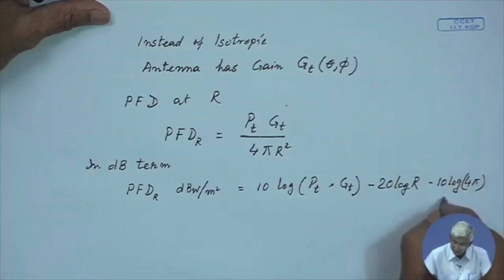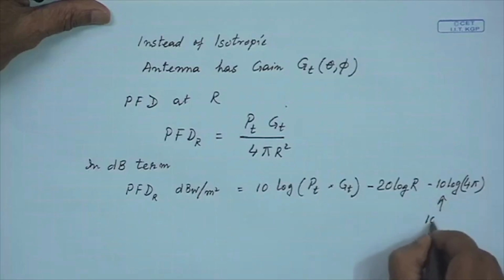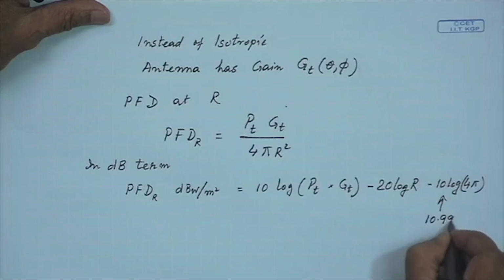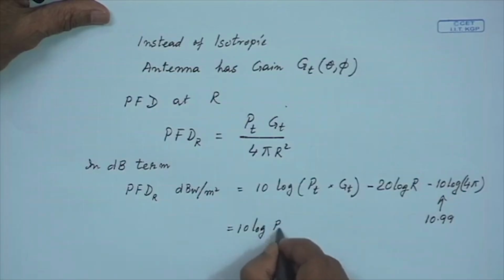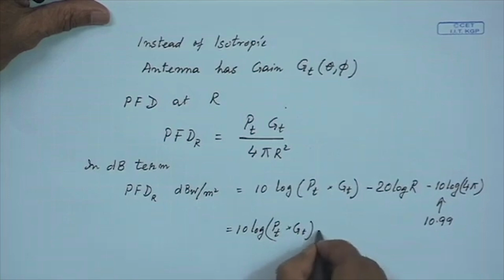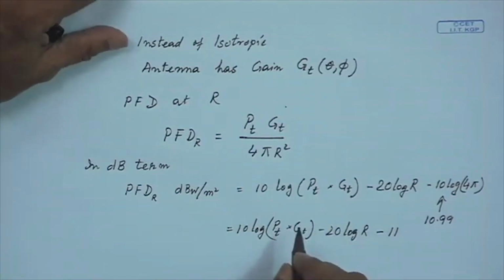Now, this value 10 log of 4 pi is roughly of the order of 10.99, we can take it as 11. So it can be simplified as 10 log of PT into GT minus 20 log of R minus 11. These are all in dB terms.